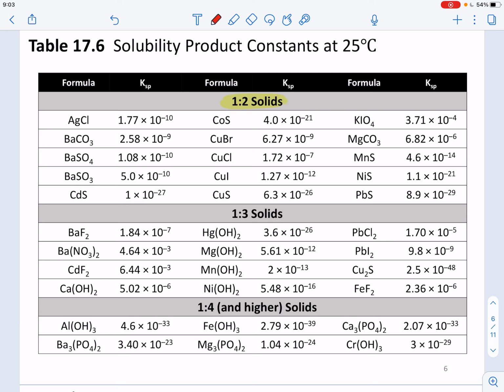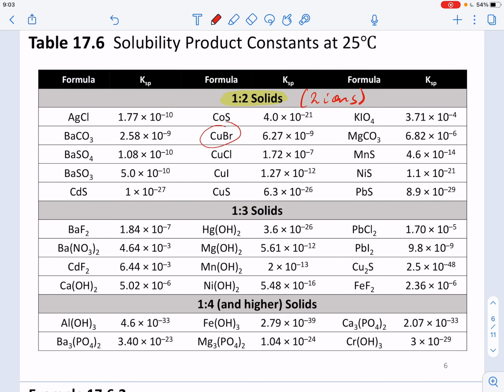That means that every particle of the solid will produce 2 ions. For example, copper bromide will give you 1 copper and 1 bromide in solution, 2 ions total. Copper chloride, same thing, 1 copper, 1 chloride, 2 ions in solution. Copper iodide, same thing.